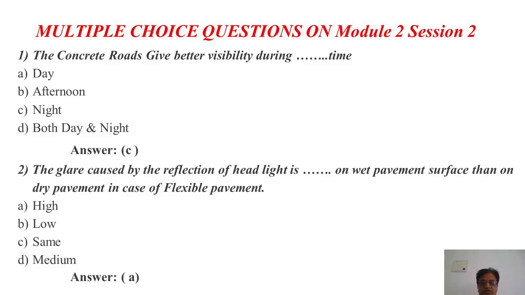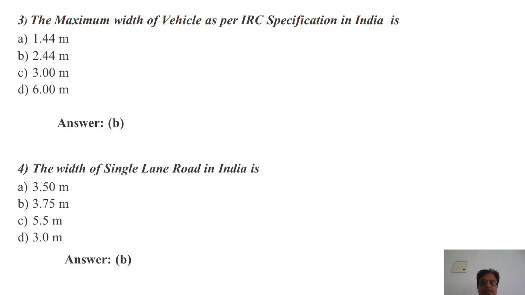The glare caused by the reflection of headlight is dash on wet pavement surface than on dry pavement in case of flexible pavement: high, low, same, medium. Answer is high, A. The maximum width of vehicle as per IRC specification in India is 1.44 meter, 2.44 meter, 3 meter, 6 meter. The answer is B, 2.44 meters.